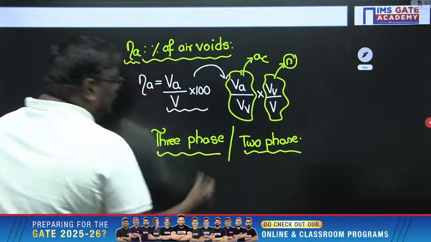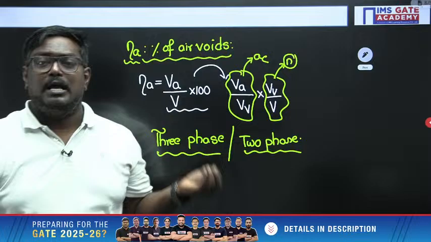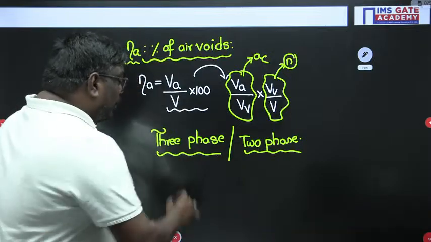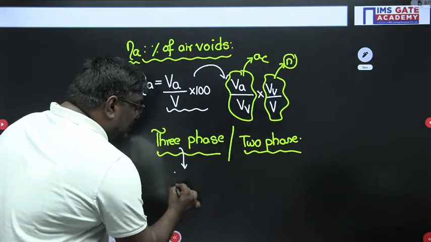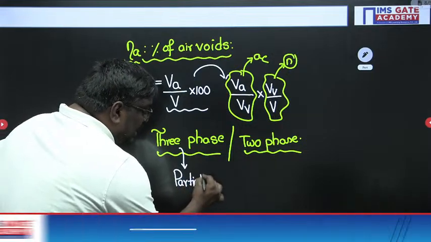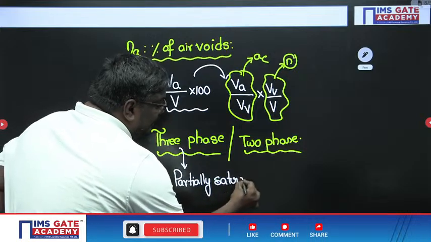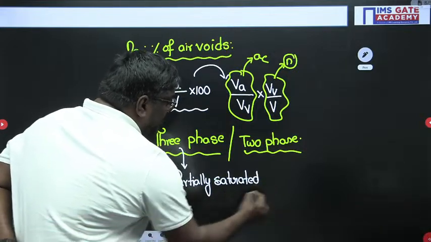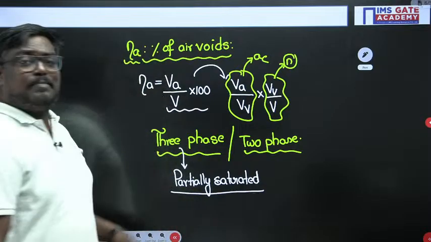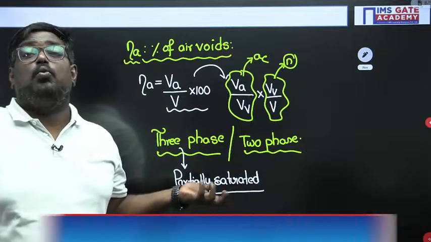Now, why do you represent a soil in a three-phase and why in a two-phase? If I talk about the three-phase system, you can say it is partially saturated soils. In partially saturated soils, soil is considered as a three-phase system. Now, what do you mean by partially saturated soils? Voids can be filled with air or voids can also be filled with water.